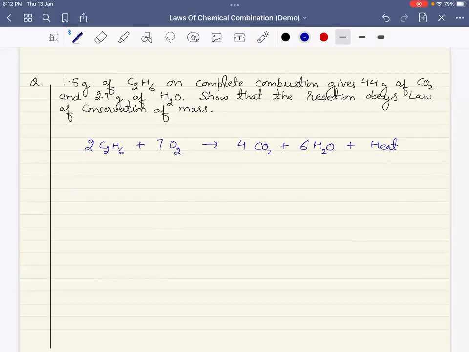There are 4 carbons on the reactant side and 4 carbons on the product side, and 12 hydrogen on the reactant side and 12 hydrogen on the product side. 14 oxygen on the reactant side and 4 into 2, 8 plus 6, 14 oxygen on the product side. So our reaction is balanced.